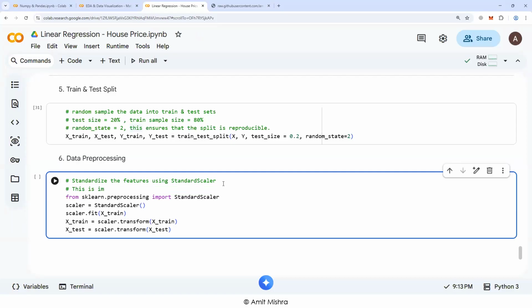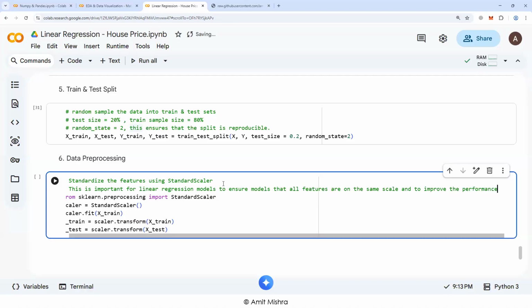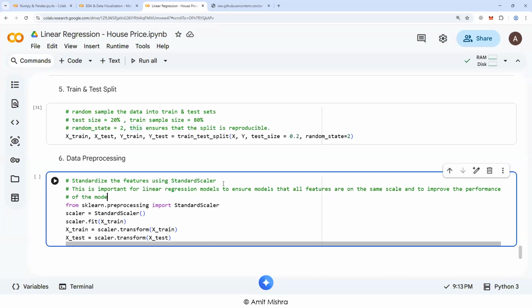This is to ensure that all features are on the same scale, and it is used to improve the performance of the statistical model.